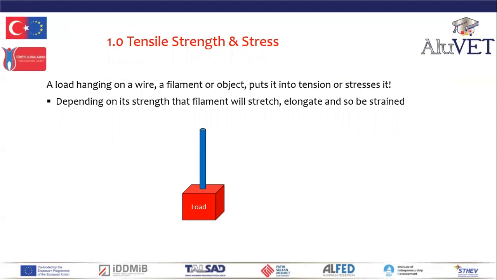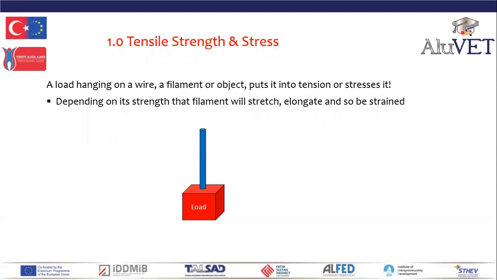Well, let's start understanding about stress and tensile strength. If you hang a load, a weight, on a wire, a filament or object, the weight will put the filament or the wire into tension. That is, it will stress it.